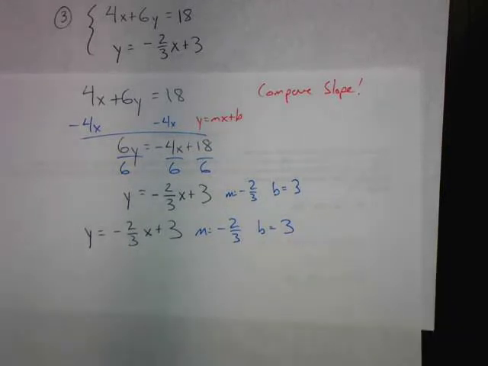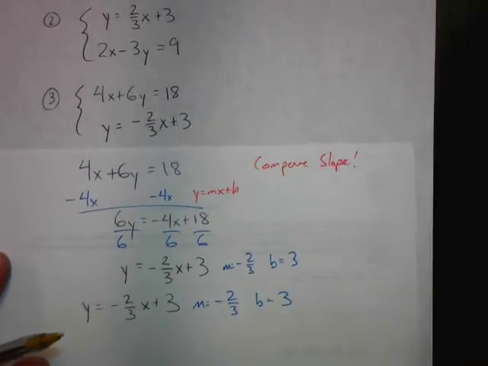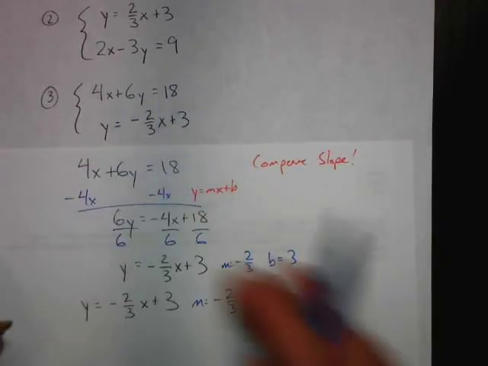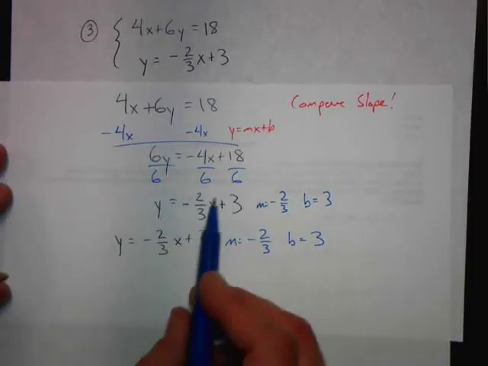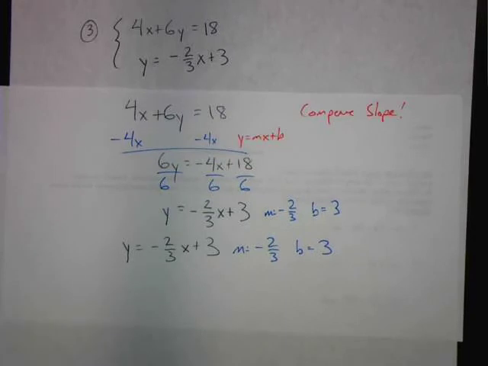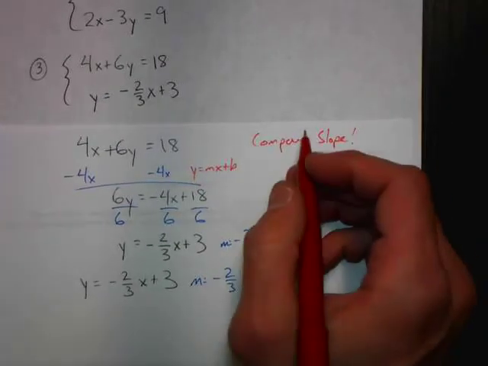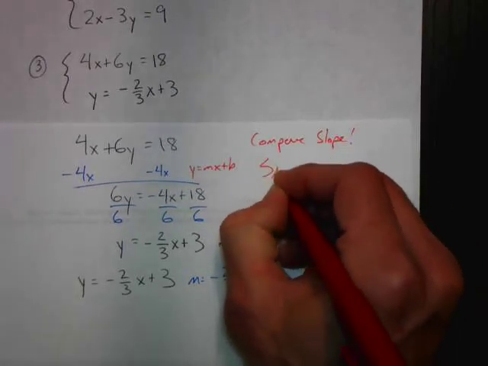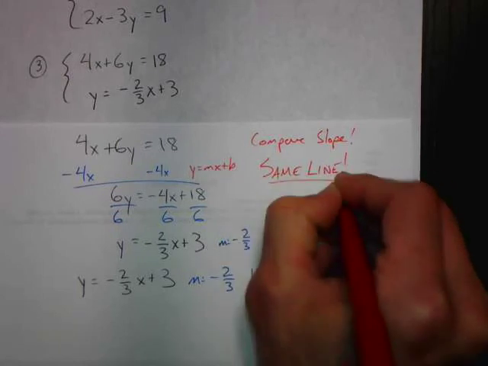So they're actually the same line. Now take a look at the original equations. This equation is the same as this equation. That can't be. Oh, but it can be because we just proved it. These equations may look different, but they're actually the same exact line.